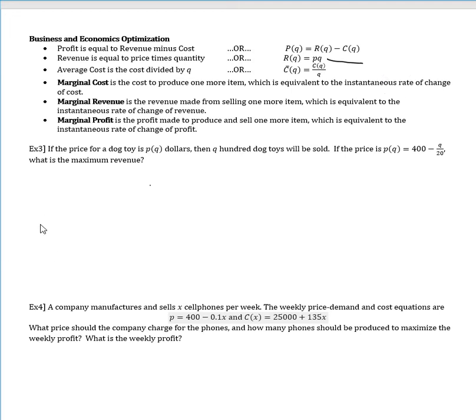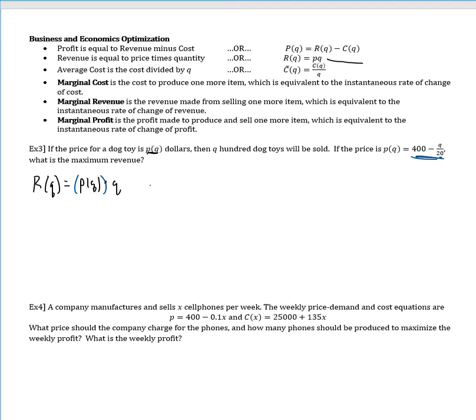Let's go ahead and set that up. So we have the revenue of Q is your price of Q times just Q. Here I'm using the function notation times just Q. Here the price was not in function notation, so I'm using their notation. Either way, let's put parentheses around it and show that we will be subbing in that.